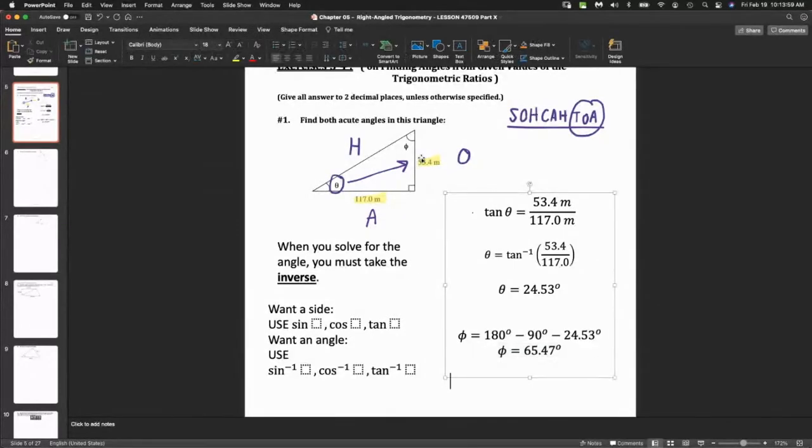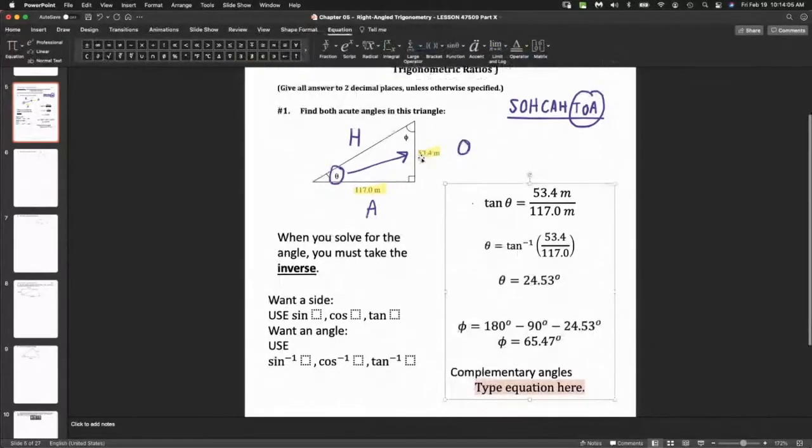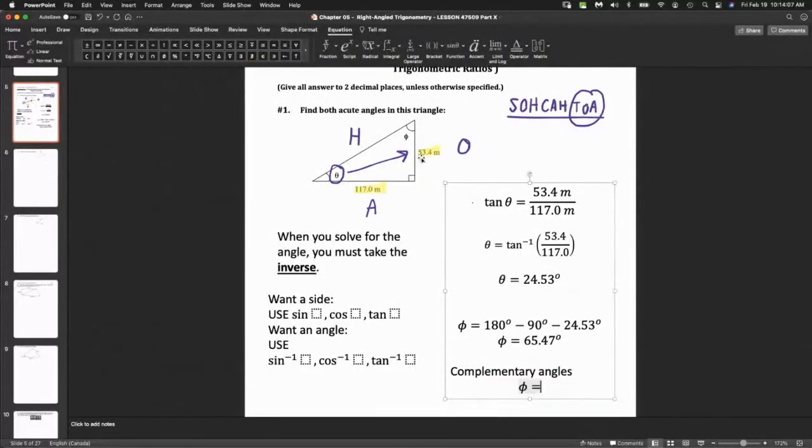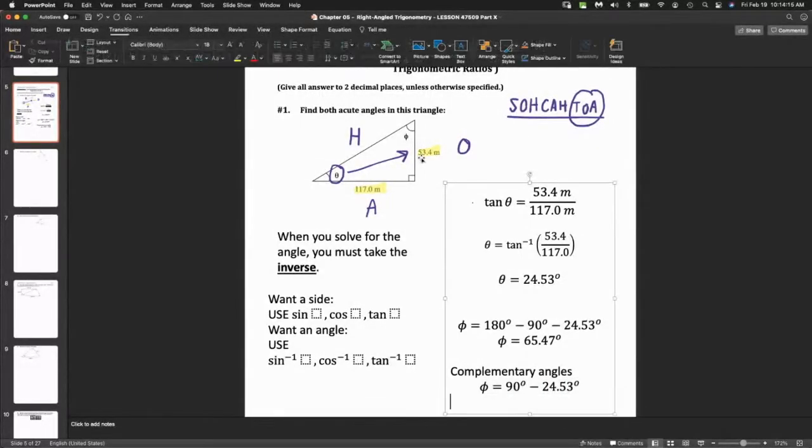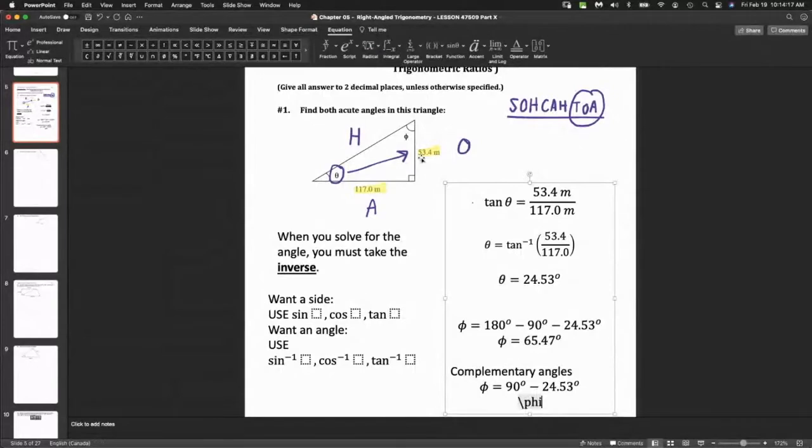Or you could use complementary angles and just do what Maha did in the chat there, which is 90 minus 24.53, which is equal to that same answer.